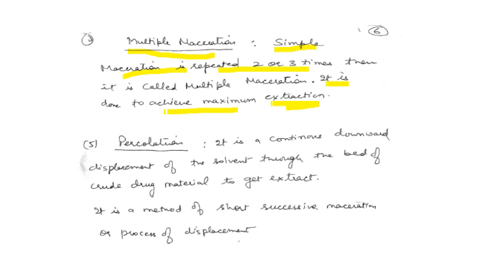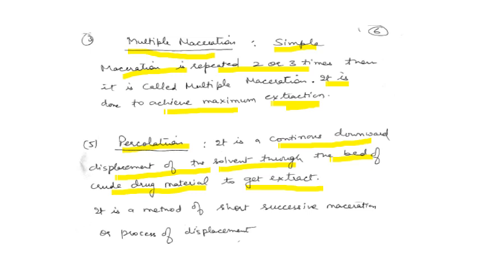So after the maceration, we come to the percolation method, which is a continuous downward displacement of your solvent through the bed of the crude drug material, or your sample, to get the extract. We have to use the continuous downward displacement of your solvent through the bed of your sample.